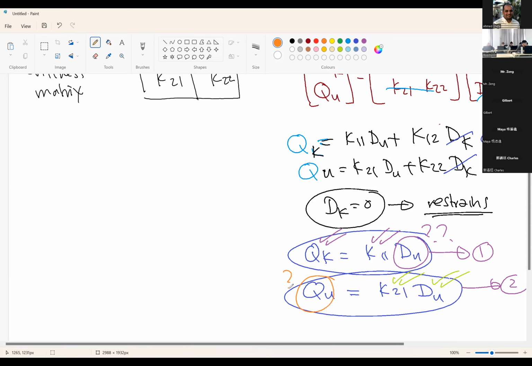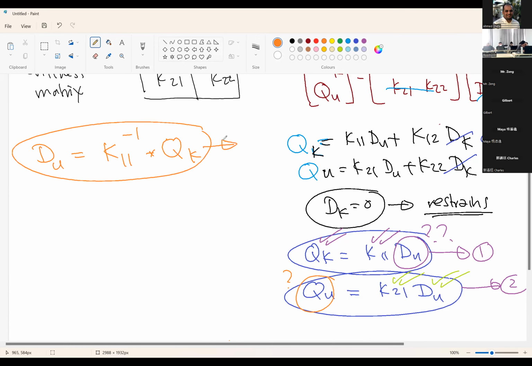Our first step will be to find Du, the unknown displacement. We need K11 inverse times Qk. This is our general equation 1. K11 we can get from the global stiffness matrix.